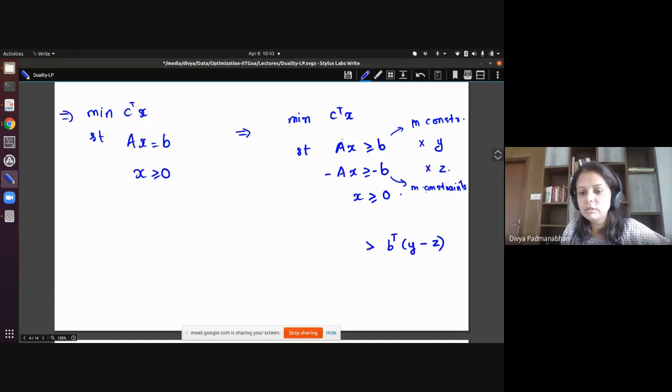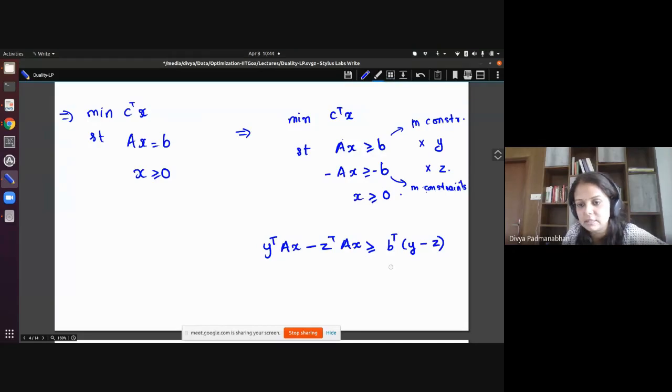And this will be less than y transpose AX minus z transpose AX. Right, so multiplying each of these constraints with y and this with z is going to give you this kind of an expression.